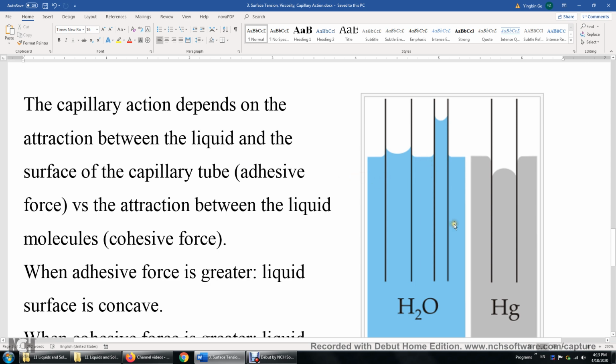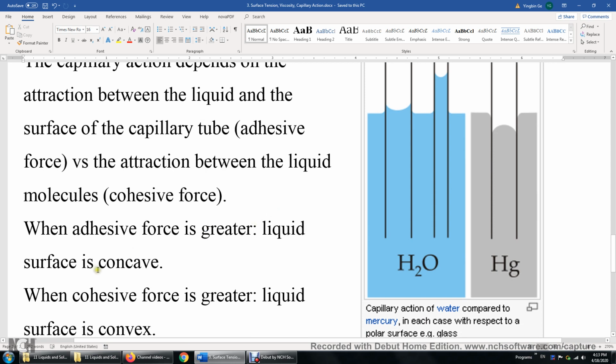What about this picture with mercury? When the cohesive force is greater, the liquid surface is convex. This is a convex surface. This is because the interaction between mercury and glass is smaller than the interaction between mercury atoms.